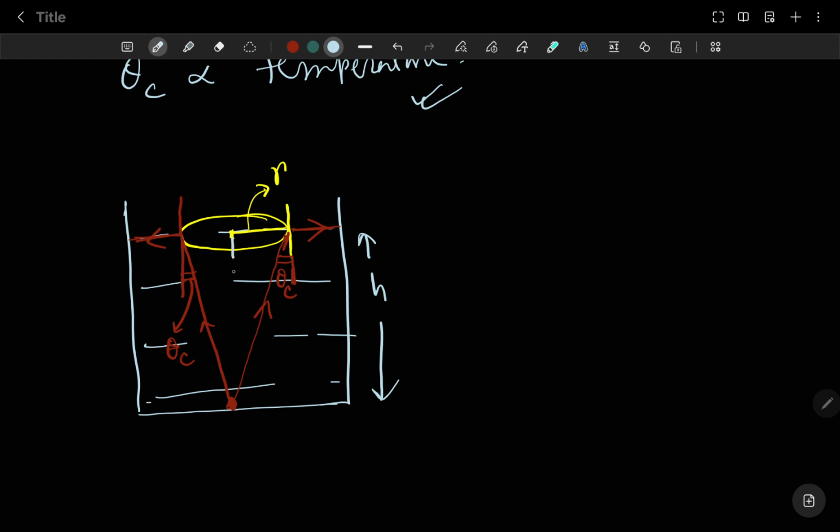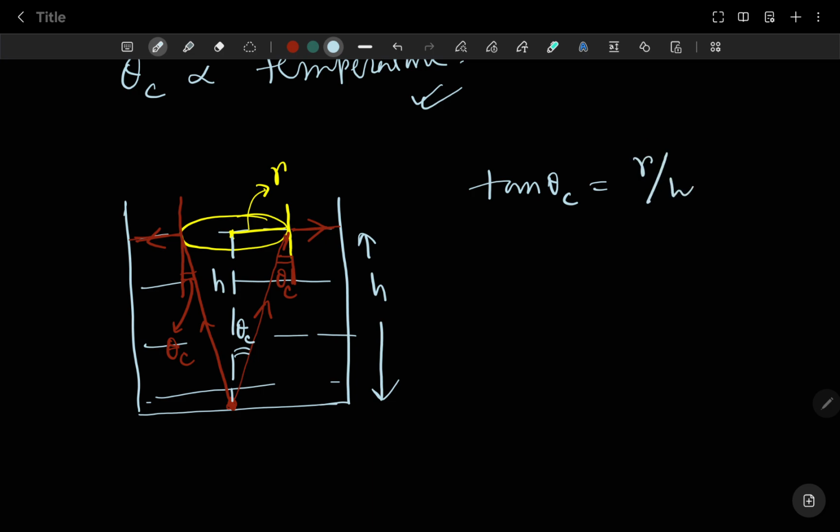So this distance is h. If this angle is theta c, then clearly, from this triangle, tan theta c is equal to r by h.